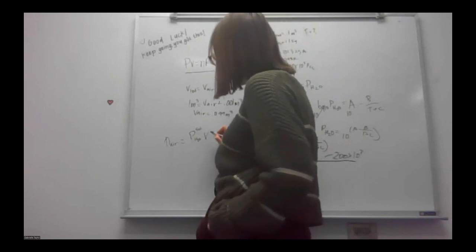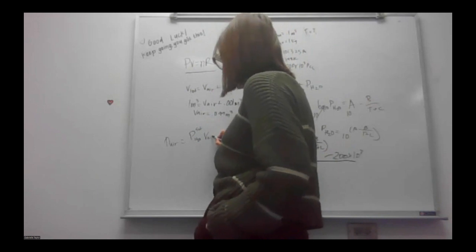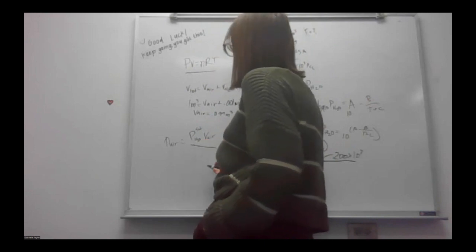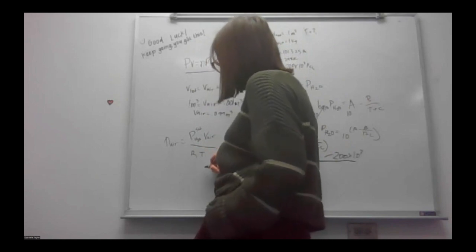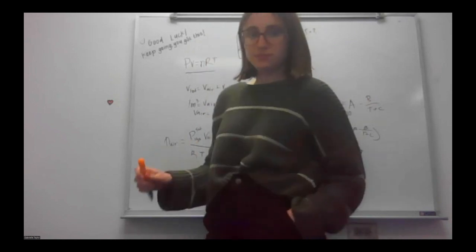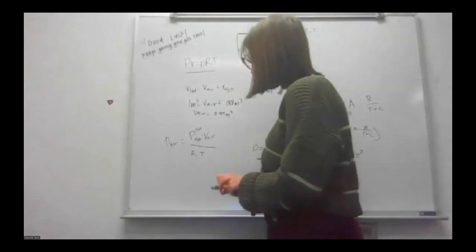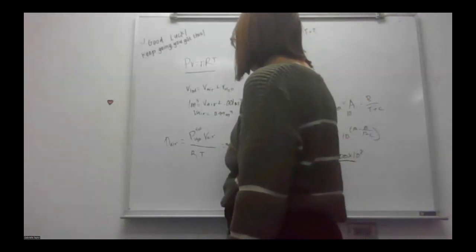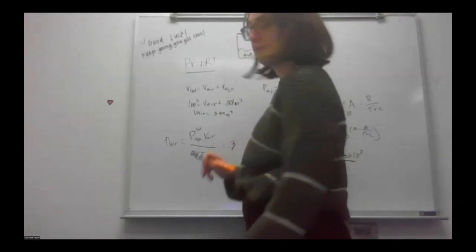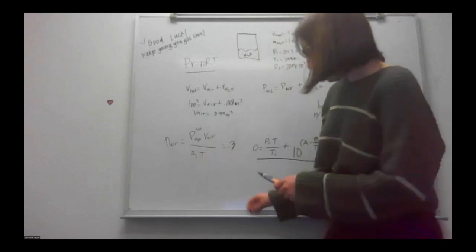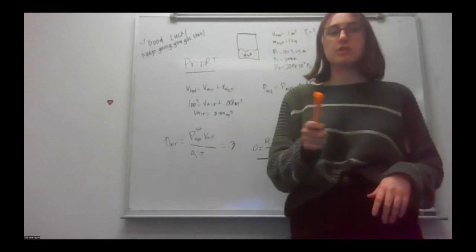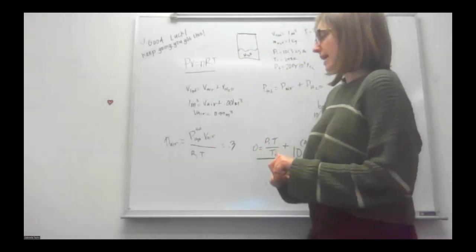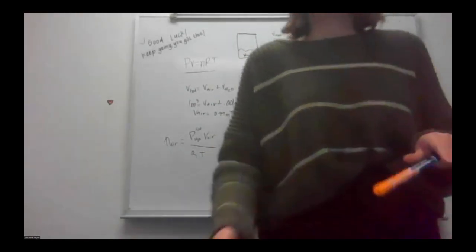And then you have your volume of your air, over your R constant, and then your T is going to be your T final. And this is all going to equal 0.3. So now we're going to use this and what we just did, and we're going to figure it out. And we're going to code.